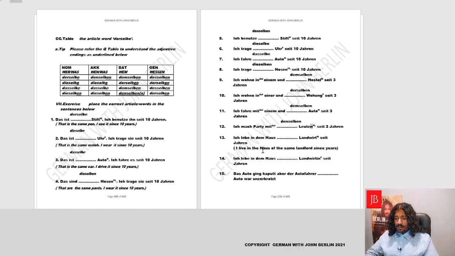I live in the house of the same landlord since years. So of whose basically of whose house do I live in since years? So it's basically of the same landlord. Yes, ich lebe in dem Haus of the same.